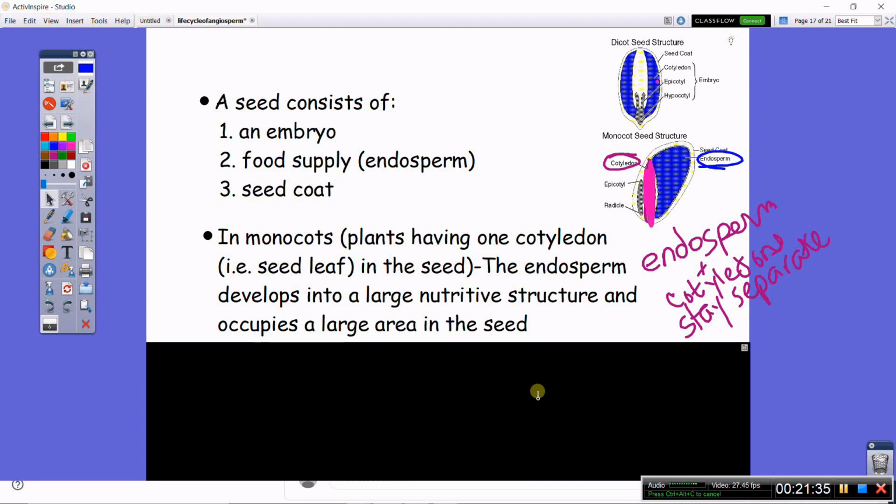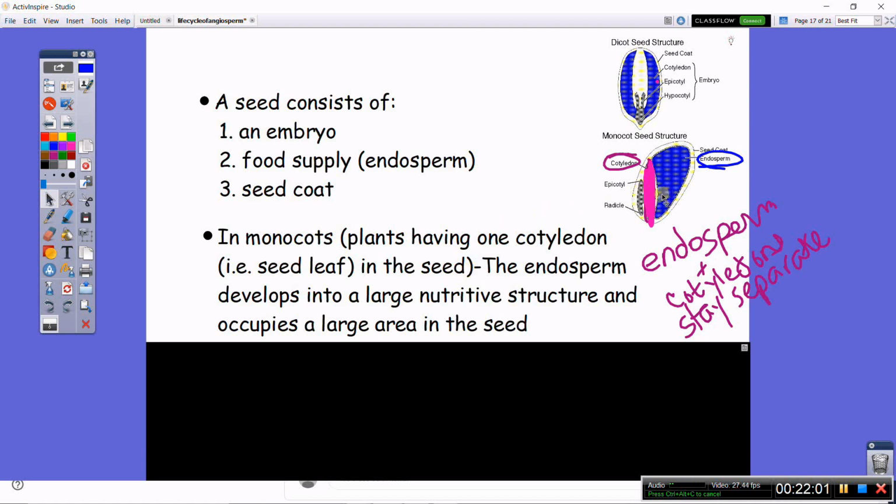This is just a little bit more detail on the difference between the seed structure in a monocot and a dicot. So in monocots, remember these are plants having only one cotyledon or seed leaf in the seed. The endosperm develops into a large nutritive structure and occupies a large area within the seed.